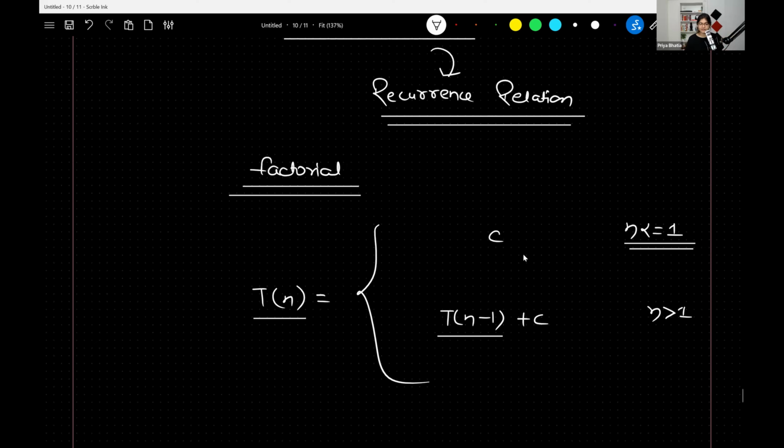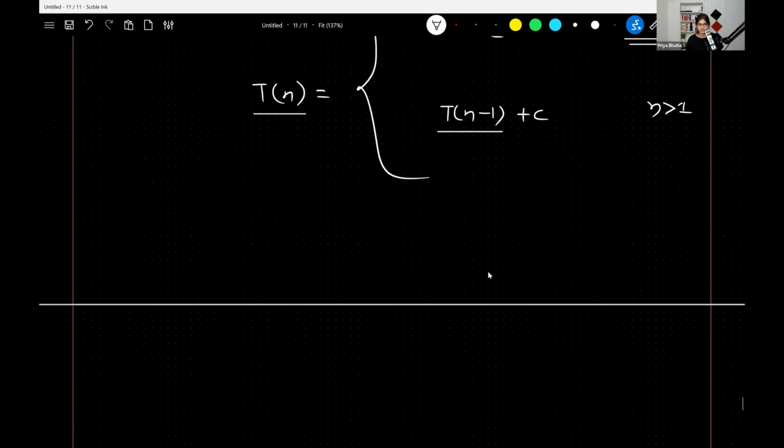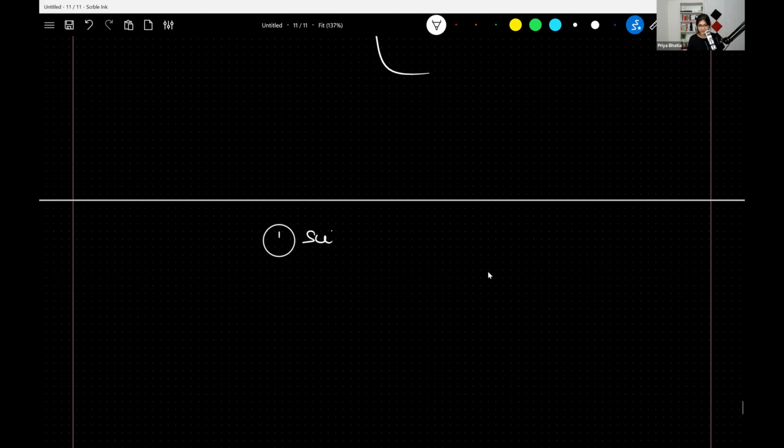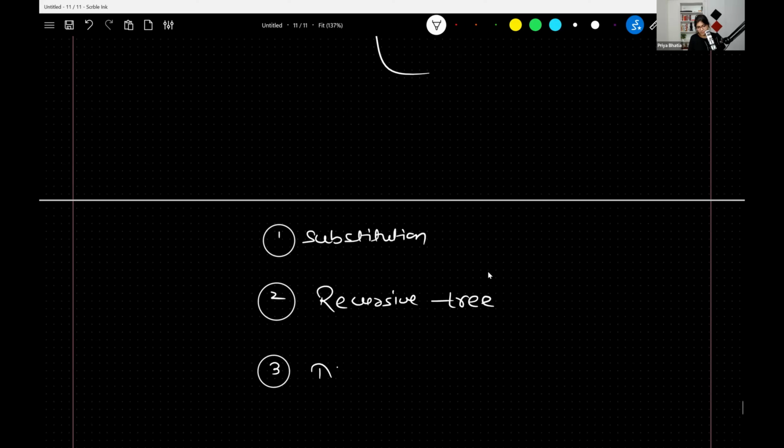Now to solve this recurrence relation, we have 3 methods. One is the substitution method. The second one is the recursion tree method. And the third one is Master's theorem.